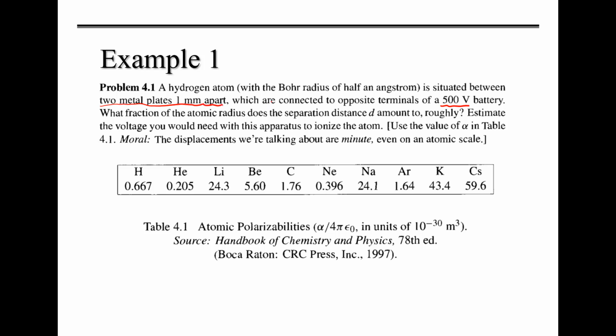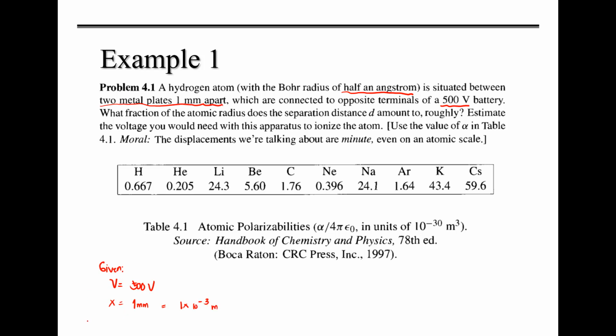So the voltage is equal to 500 volts, and then we have x. This is the separation distance between the two metal plates, which is 1 millimeter, equal to 1 times 10 to the minus 3 meter.